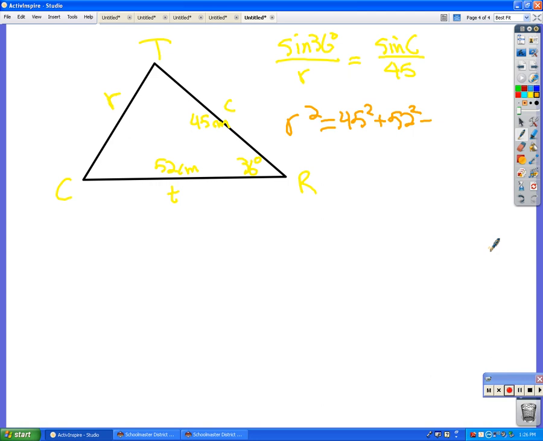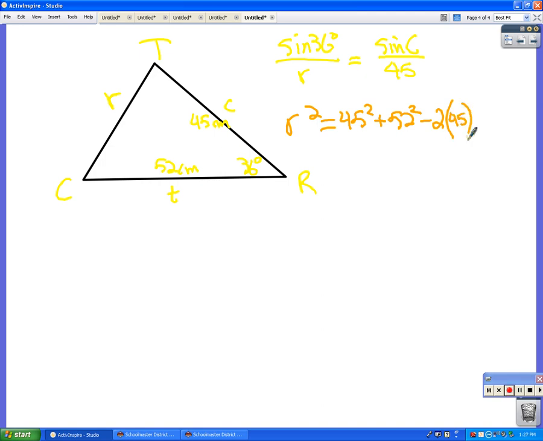So I'm going to go R squared equals 45 squared plus 52 squared minus 2 times what? 45, one of the sides, times 52, the other side, and then times the cosine of the angle. Okay?